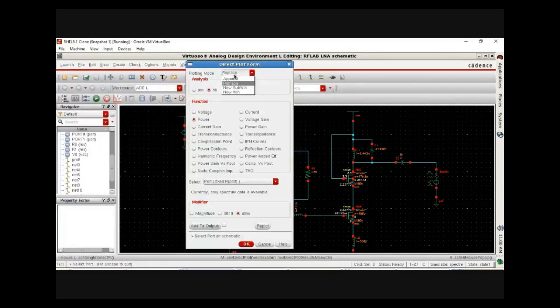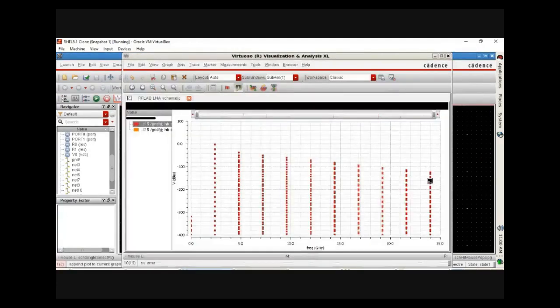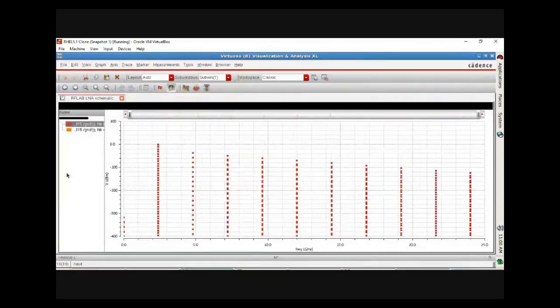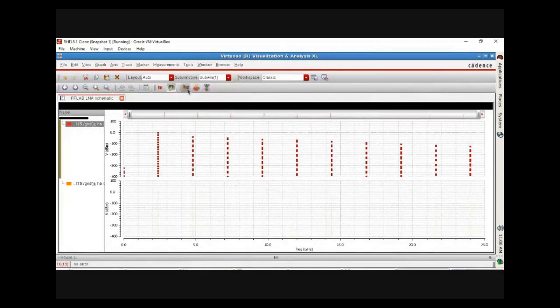Again, the harmonic balance, I'm just appending the result, power in dBm, and I'm clicking the port. Now I have two components. I'll just split the components.